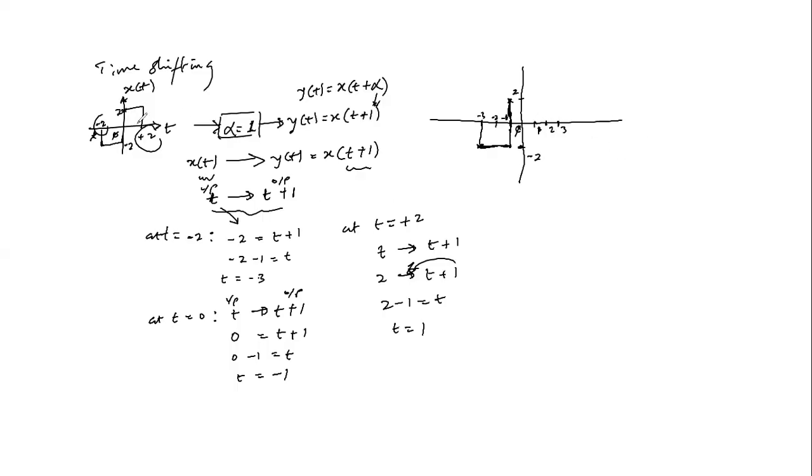At the output, the amplitude is 0 at t equal to -1. And here you see that the signal has shifted to the left.